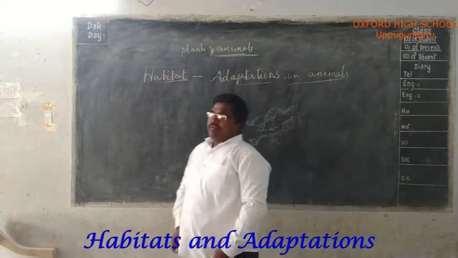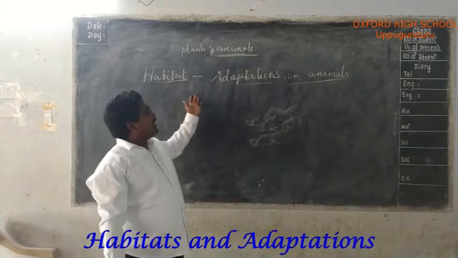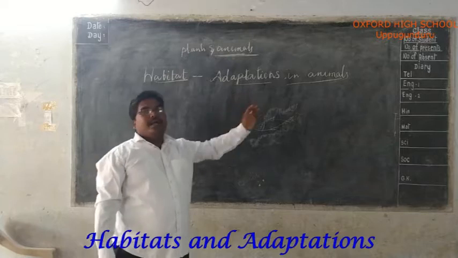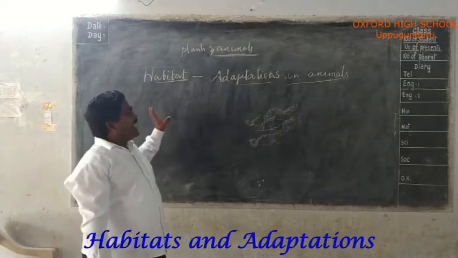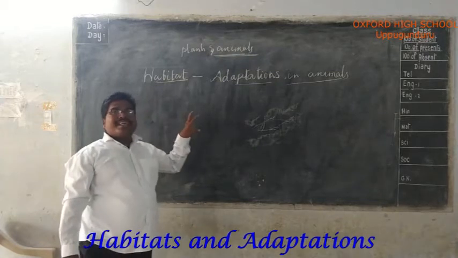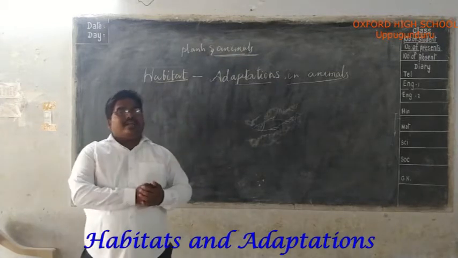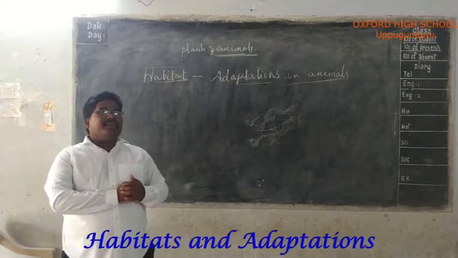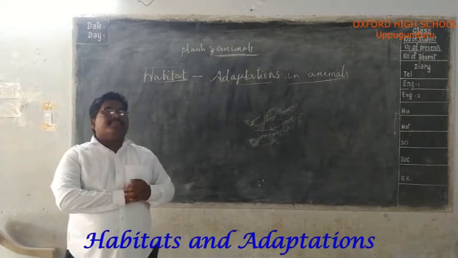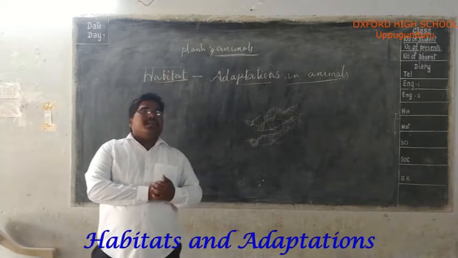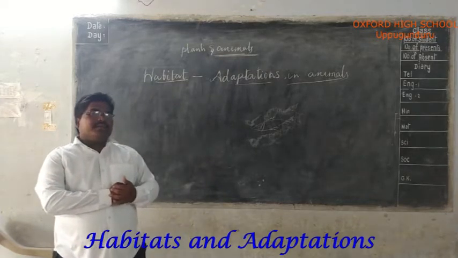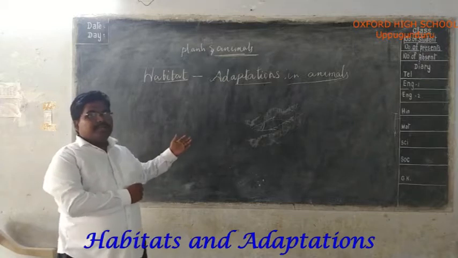So, our topic is habitat and adaptation in animals. What is a habitat? An area or place where an animal is living is called habitat. Once again, an area or place where an animal is living is called habitat.